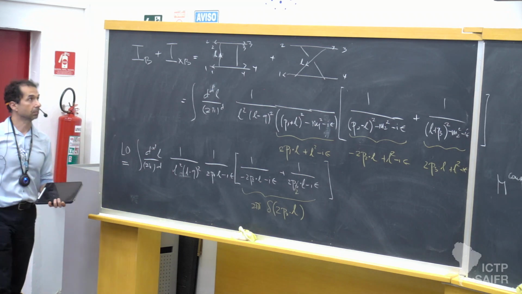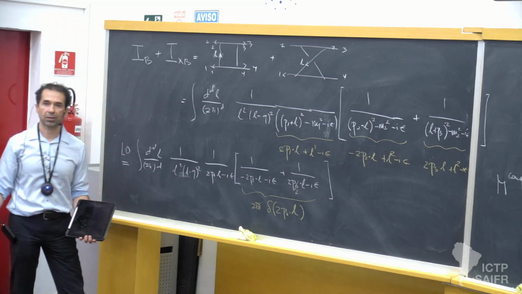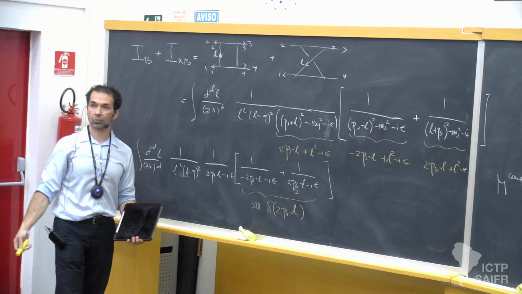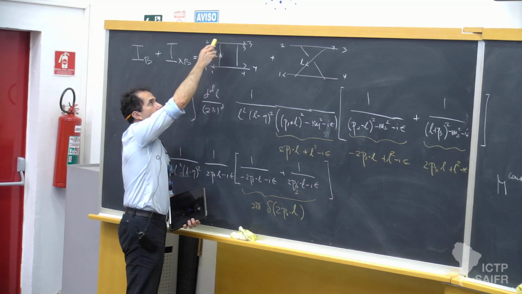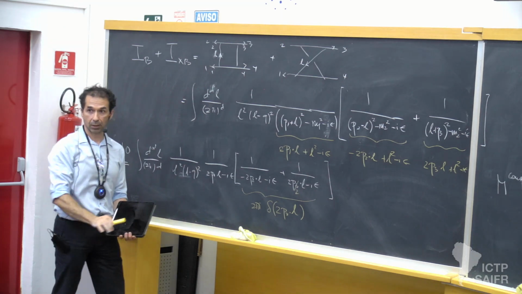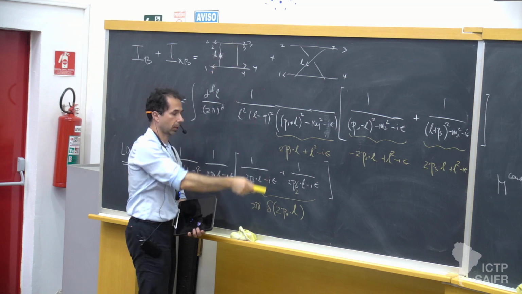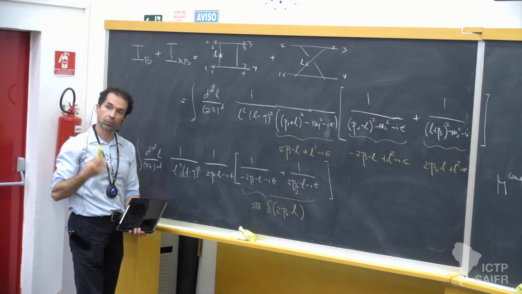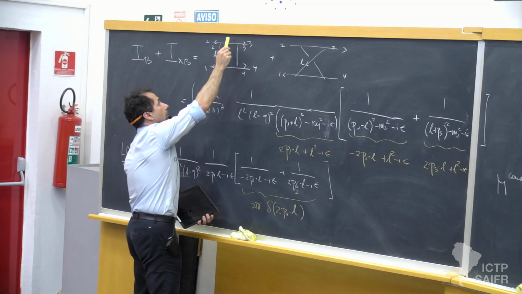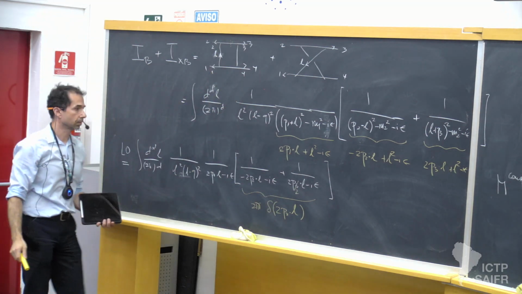What does this mean? This morally means essentially the stuff that we really wanted to have in the beginning, namely that the intermediate particle is not exactly off shell, it's really close to on shell. It is close to on shell by an amount that's at least of order L squared. So this introduces a cut here.